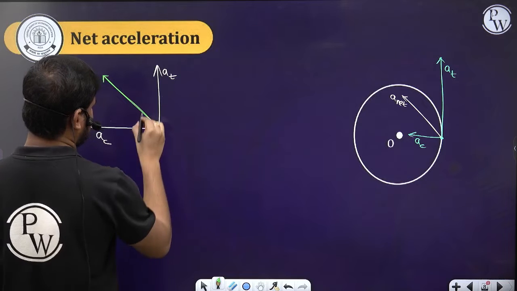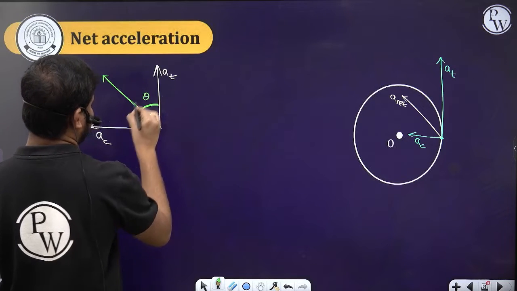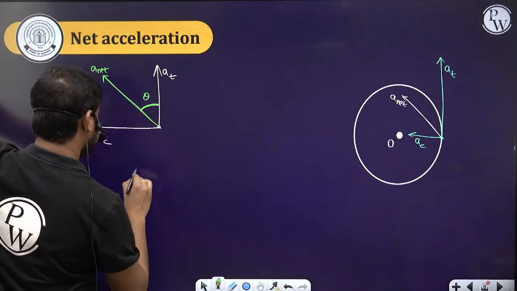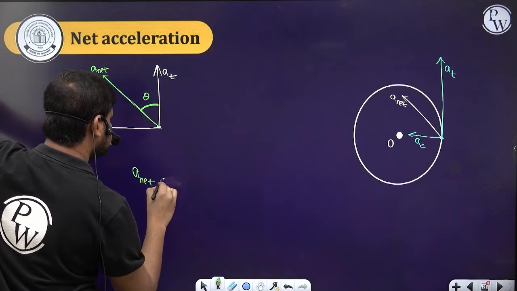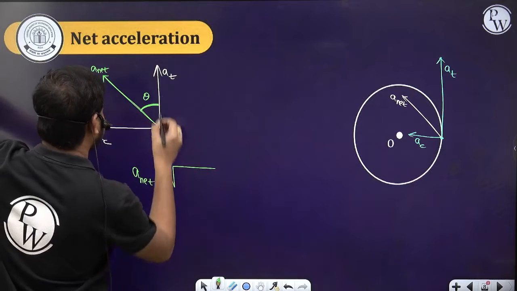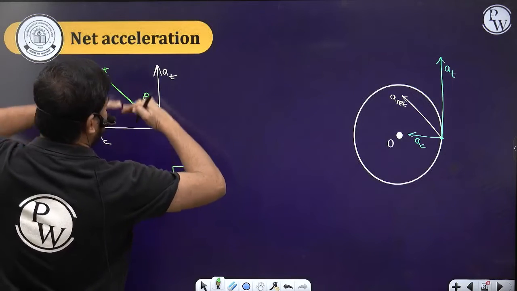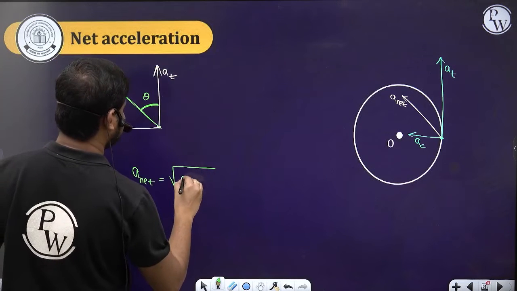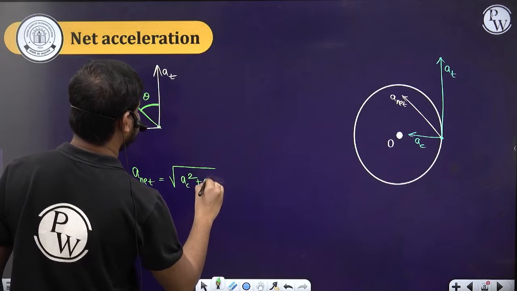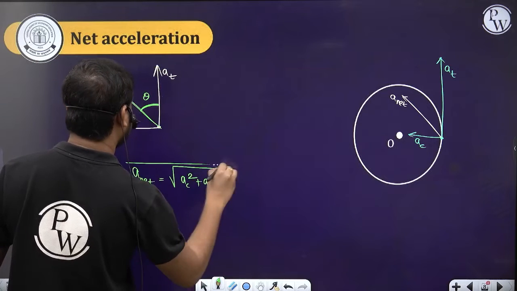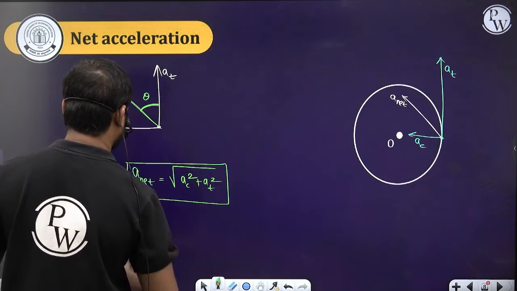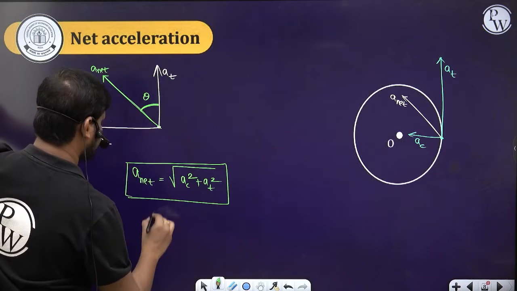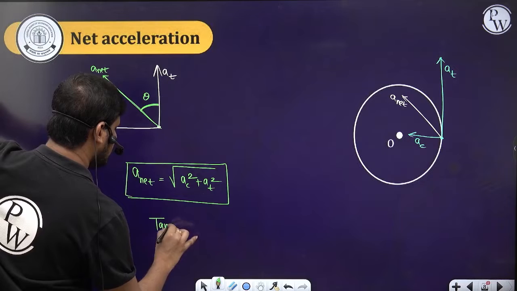Yes or no? So let's take this angle as theta. I can say this is the net acceleration. The net acceleration is equal to the square root of, if you parallel shift this to this side, AC square plus AT square. This is the net acceleration. One more thing, tan theta is equal to opposite by adjacent.